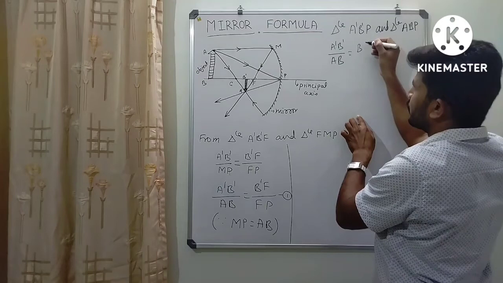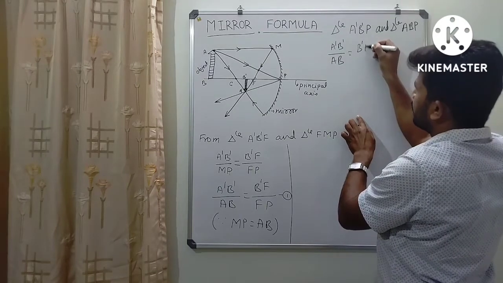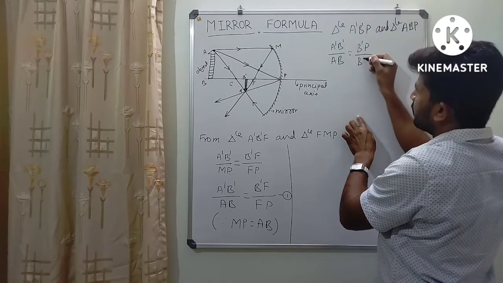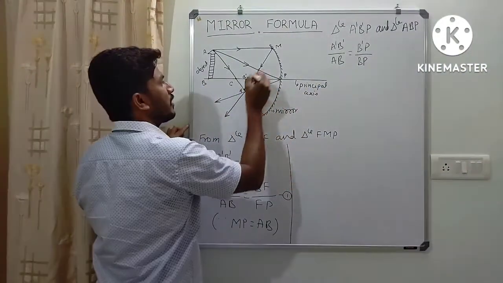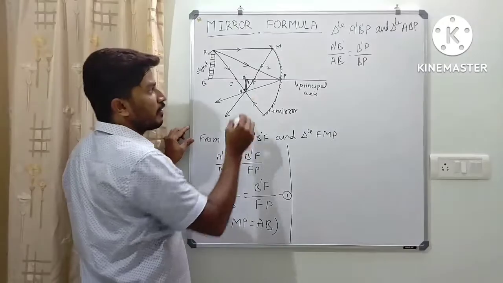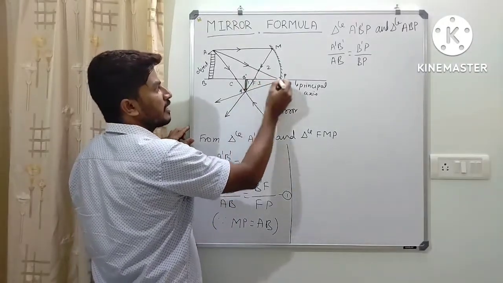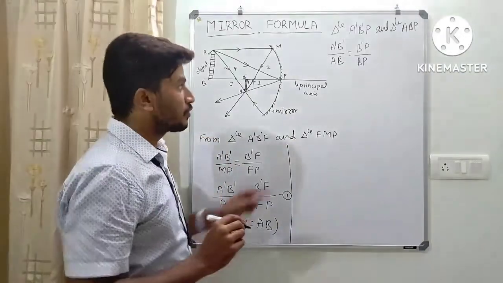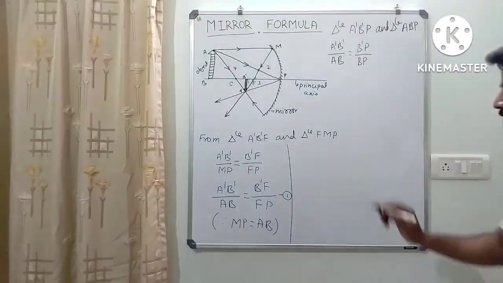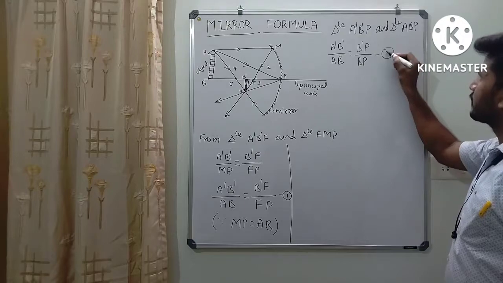I can write this without any doubt. Initially we considered triangle 1 and triangle 2, and now I am considering triangle 3 and triangle 4. So from that I can write like this. Now let this be equation number 2.